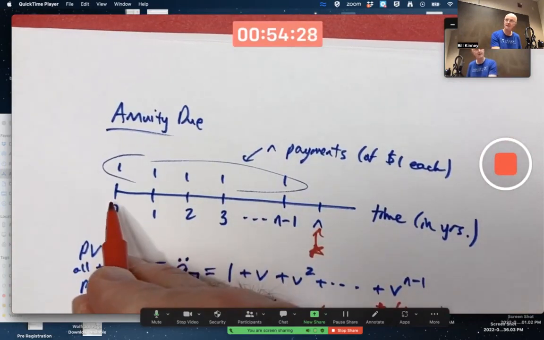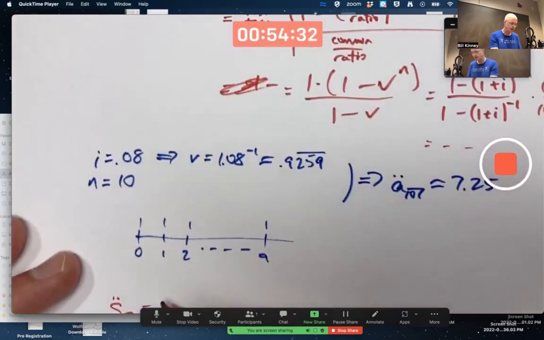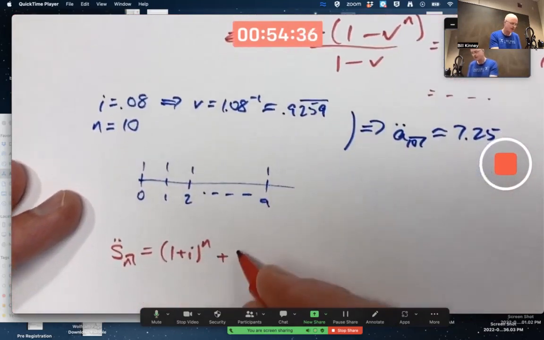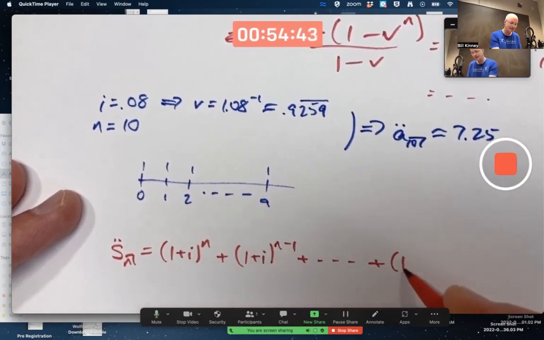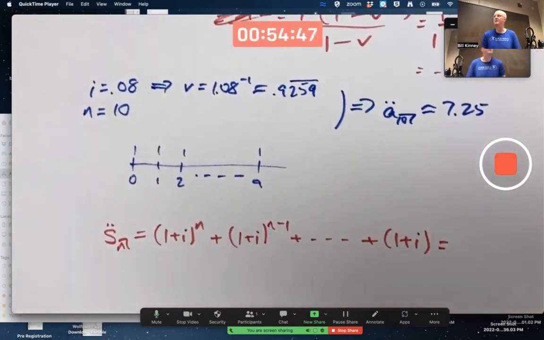The first payment at time 0 goes into the future n years, so its future value is 1 plus i to the n. The second payment goes into the future n minus 1 years, so its value is 1 plus i to the n minus 1, etc. The last payment goes into the future 1 year, so 1 plus i. You can use the formula for the sum of a finite geometric series again to figure out a simpler formula for this. That's not what I really emphasize in the homework.